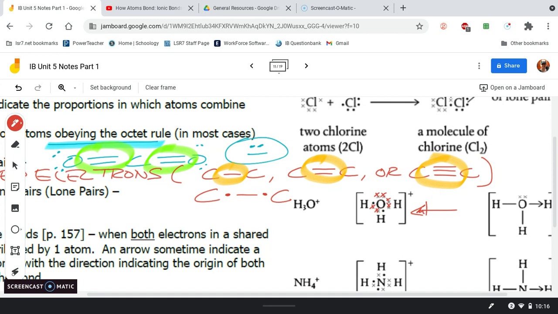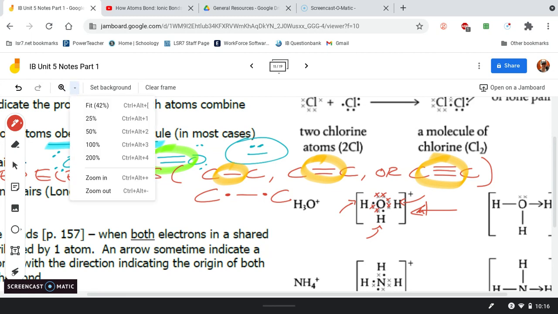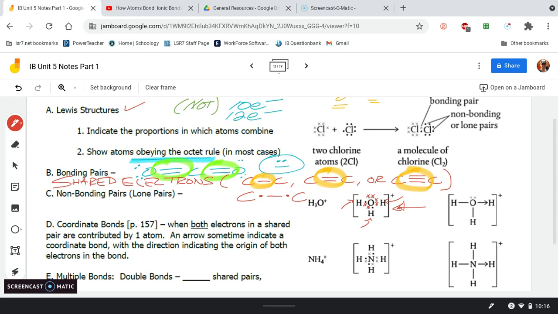So see, this hydrogen has 1 electron, this hydrogen has 1 electron, and this hydrogen has 0. And so it's showing where the electrons came from in the bonding process.